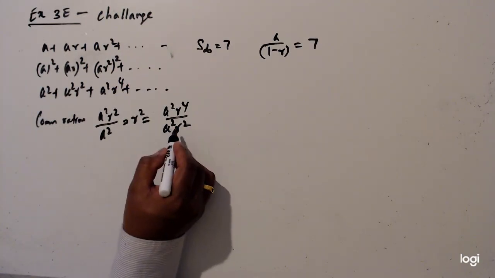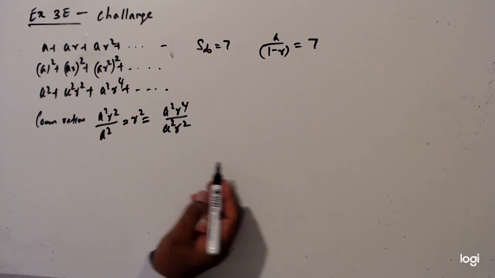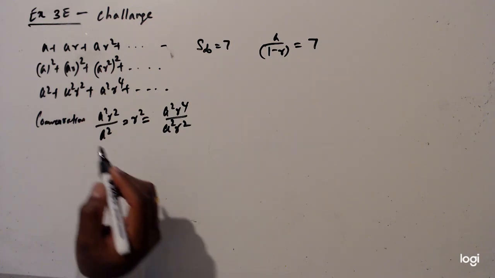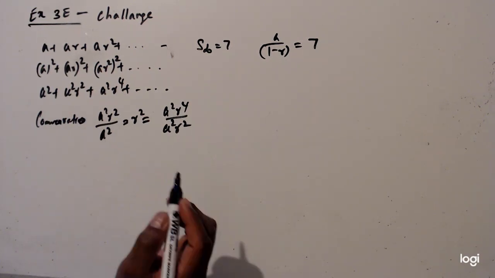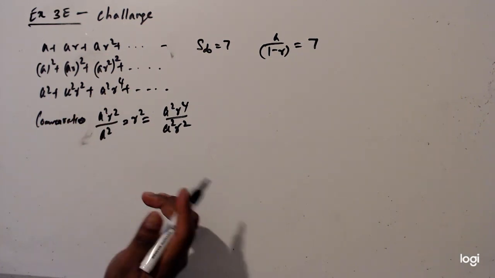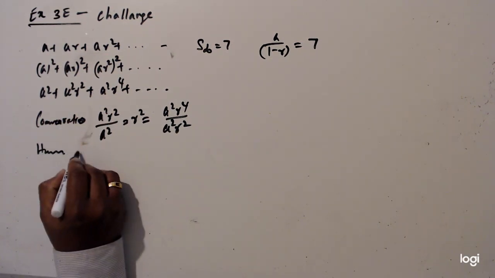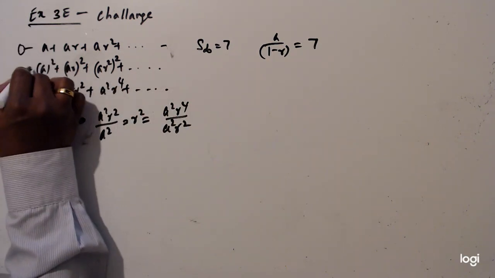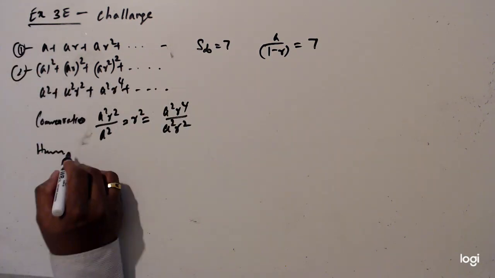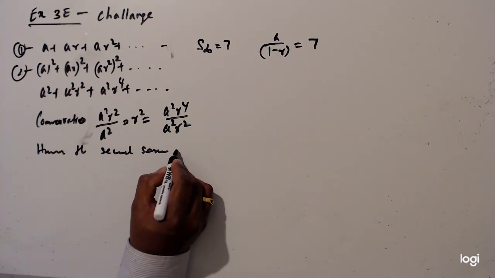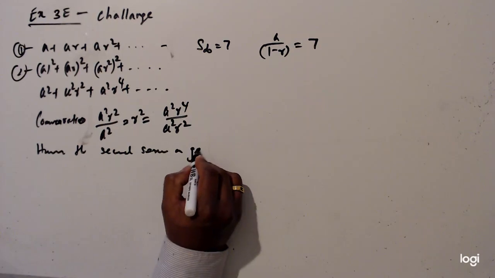So this cancels out, it's still r squared. Hence the second series is a geometric series.